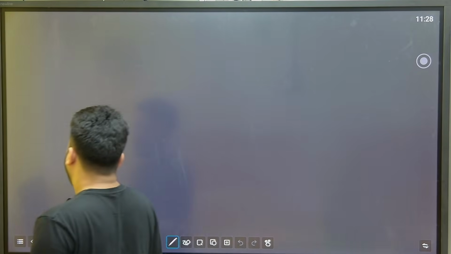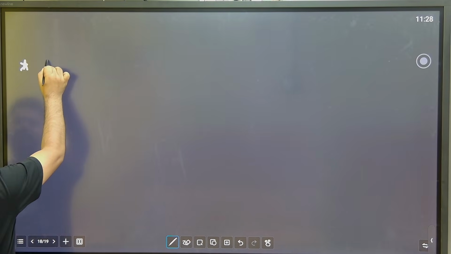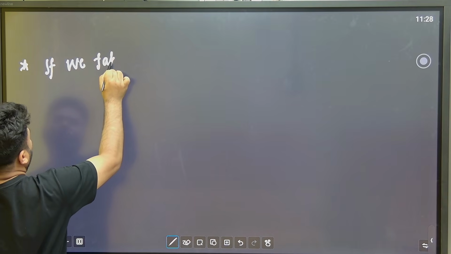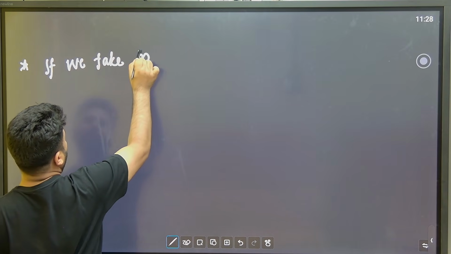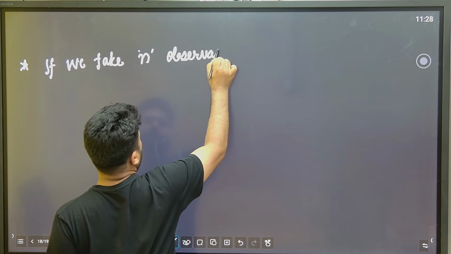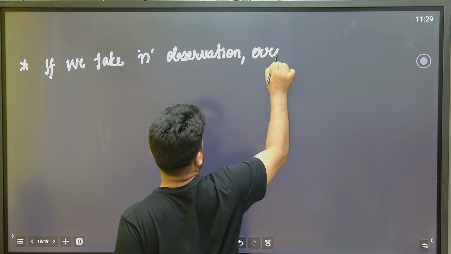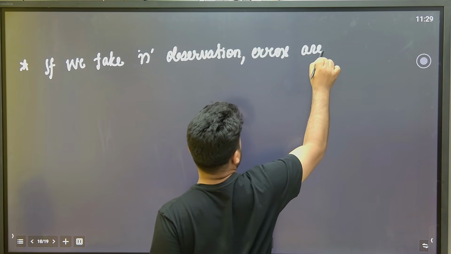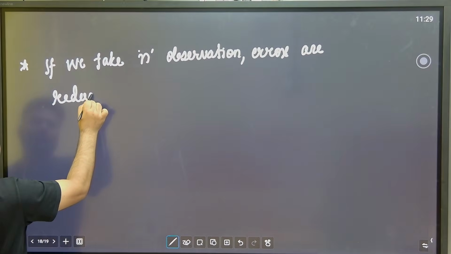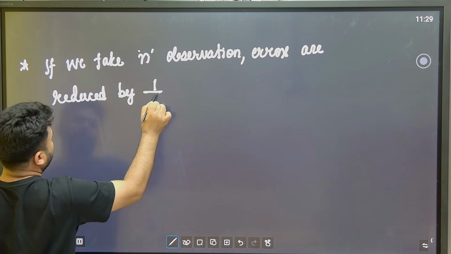So how can we minimize errors? If we take n observations, a lot of observations, our errors are reduced by 1 by n times.